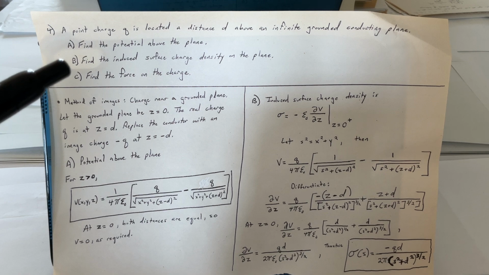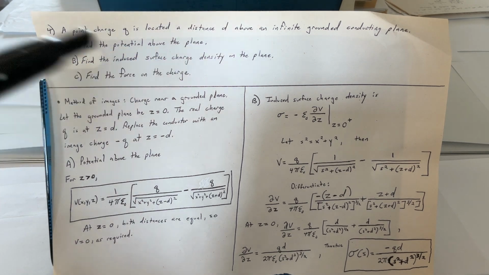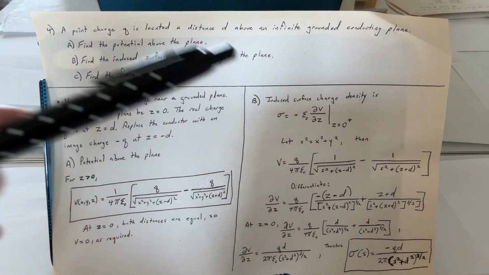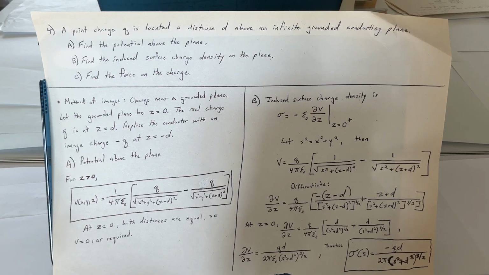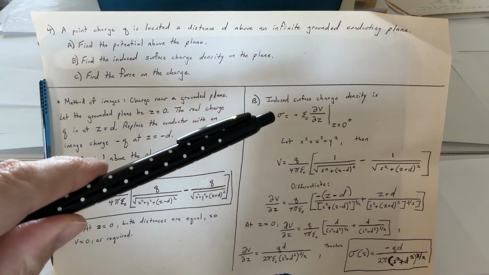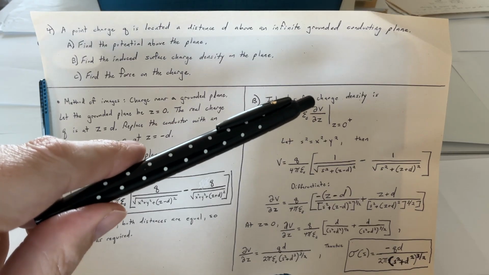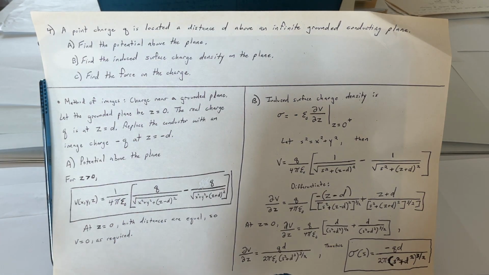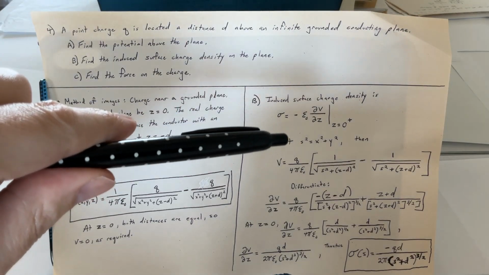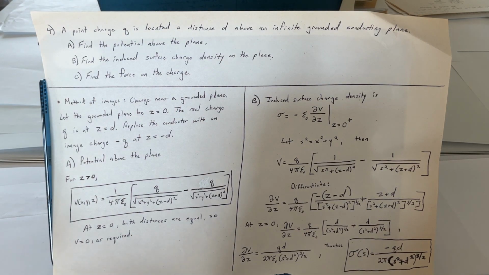For part B, find the induced surface charge density on the plane. The induced surface charge density is going to equal negative epsilon naught times the partial derivative dV/dz at z equals 0 positive. So s squared equals x squared plus y squared.